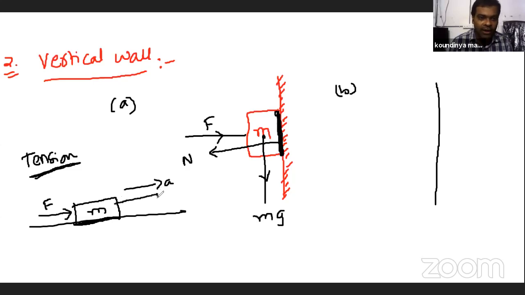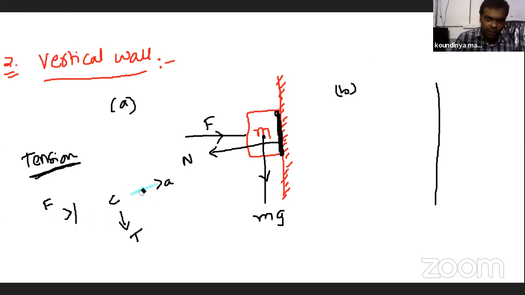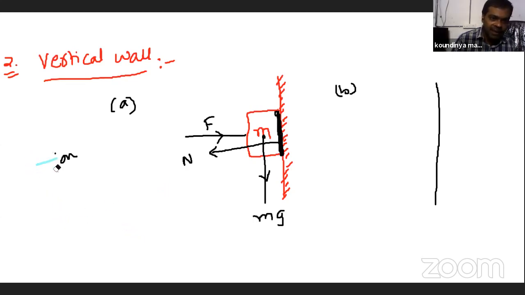If it is in contact with another object, say M2, then we have a contact force, and due to this a tension acts. Tension also acts when the object is connected to a vertical wall. So all of you please remember under which cases tension will act.